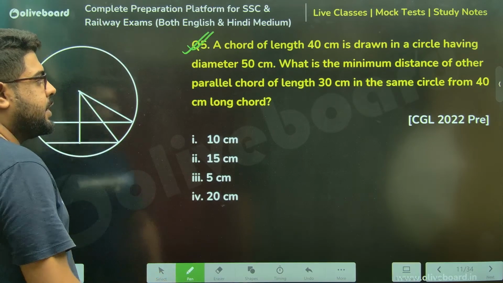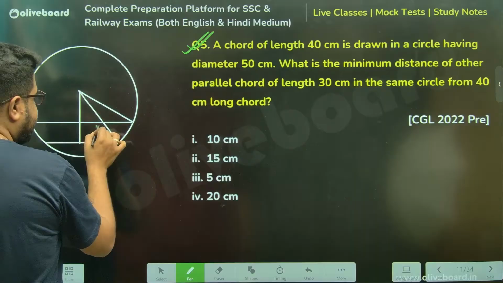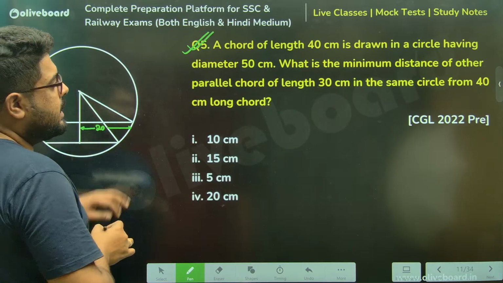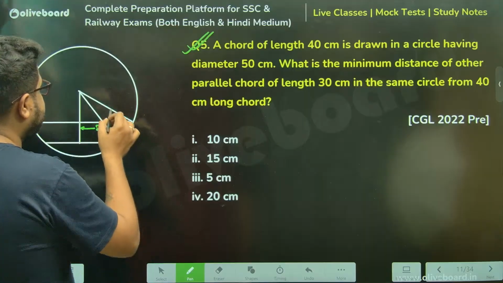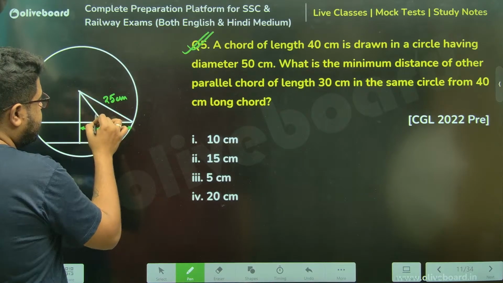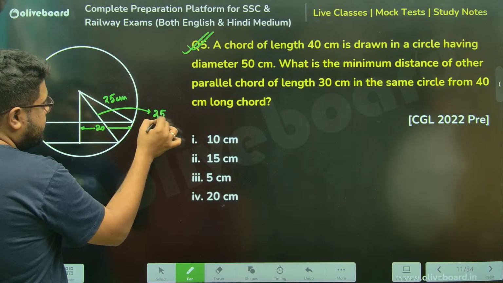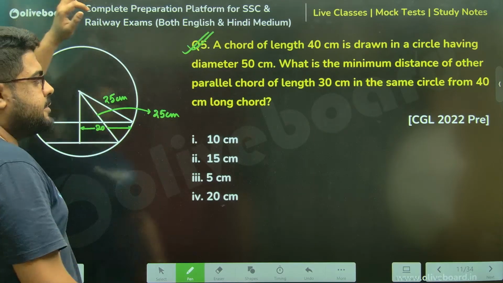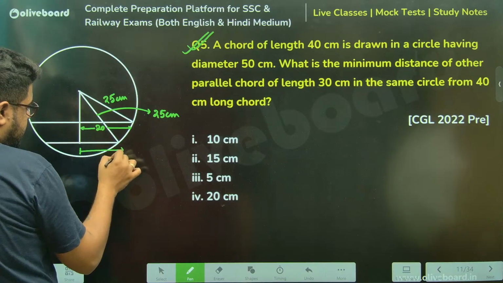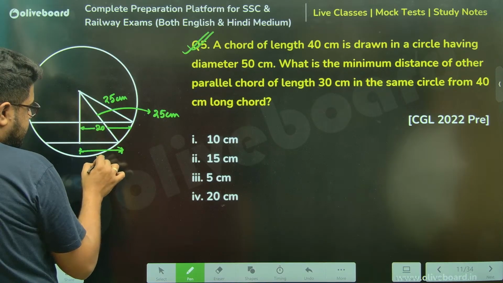Now this is 40, meaning this half is 20. The diameter is 50, meaning these are 25 each, because both are radius. Now the other chord is 30, meaning this part is 15 only.